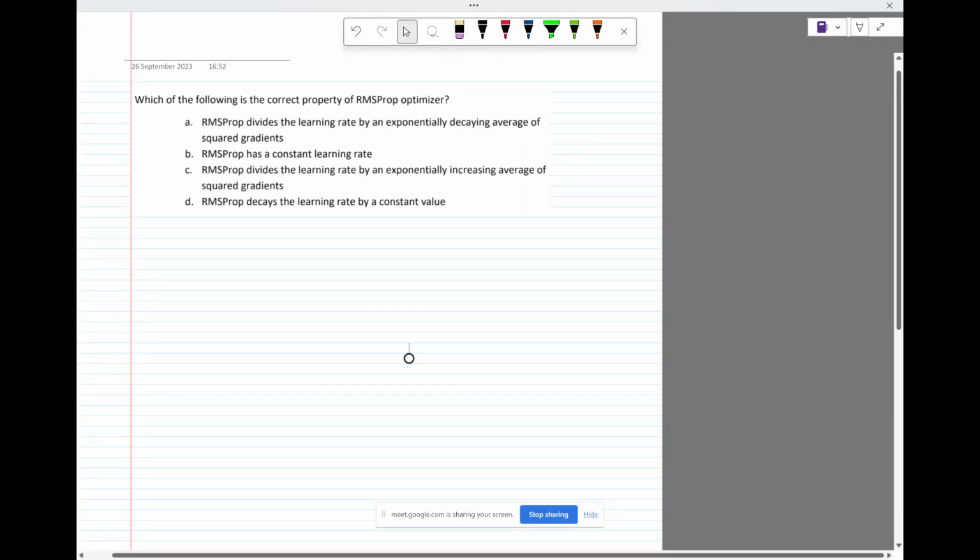Which of the following is a correct property of the RMS prop optimizer? So that is what I discussed in the last question, that Adam is a combination of RMS prop and the momentum optimizer. And I'll just write how RMS prop is.